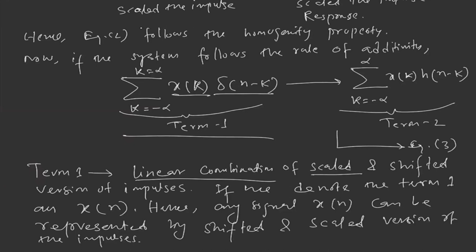Now, if you extend the same concept to the output, term 2 can be denoted by y n, similar to x n. And the same analogy also applies to term 2 as well. So what is the interpretation in this case?